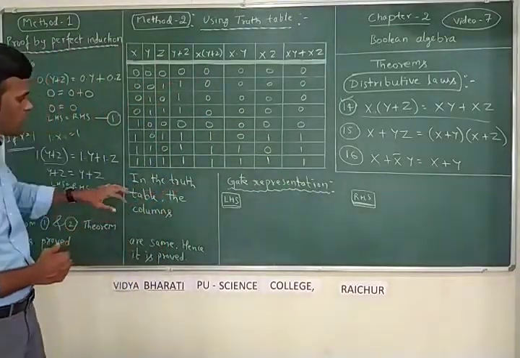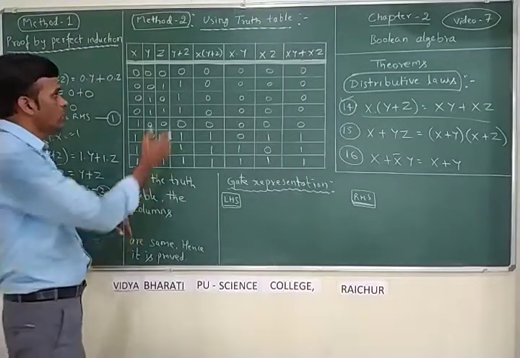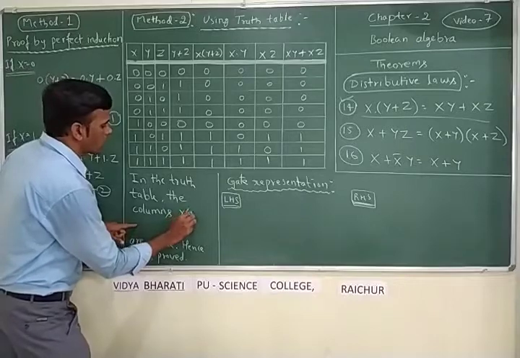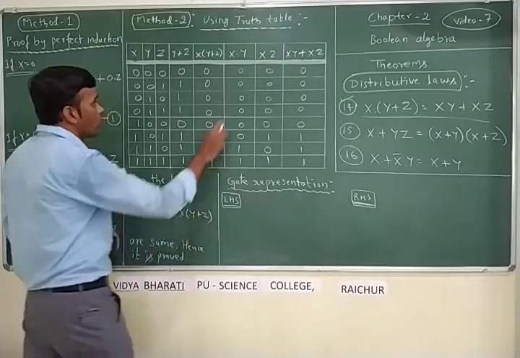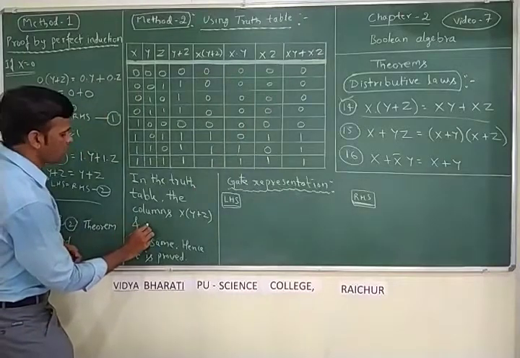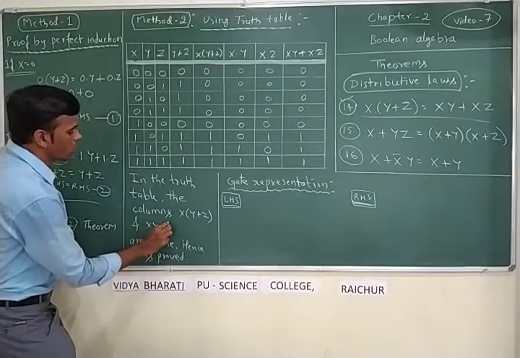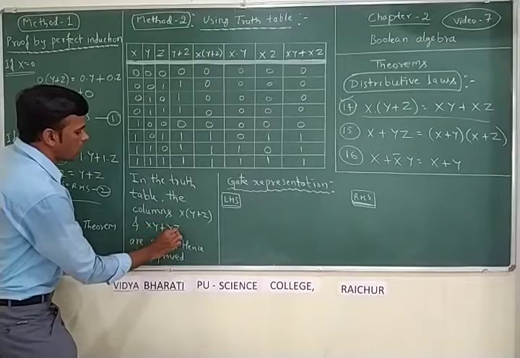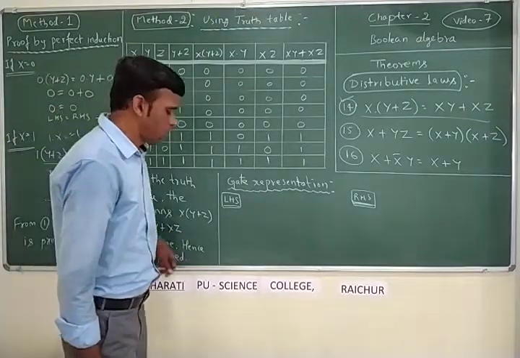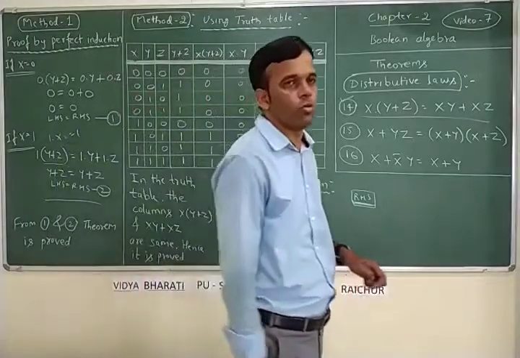Okay, don't skip this part. So in the truth table, the columns, which are those columns? x of y plus z, this column and that one, xy plus xz are the same. Hence the theorem is proved.